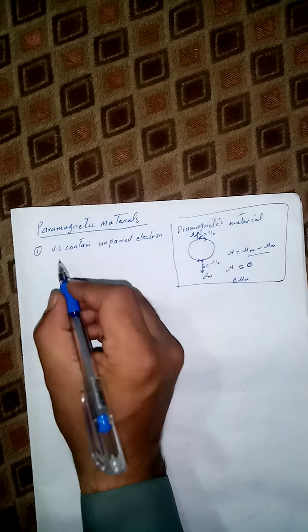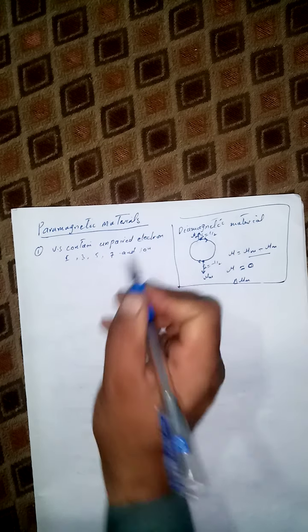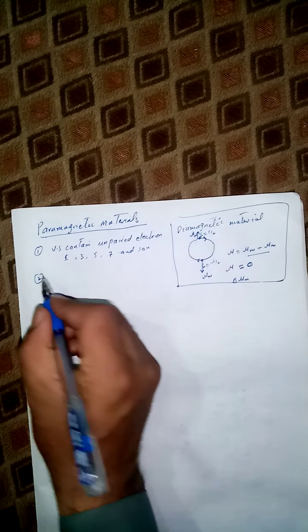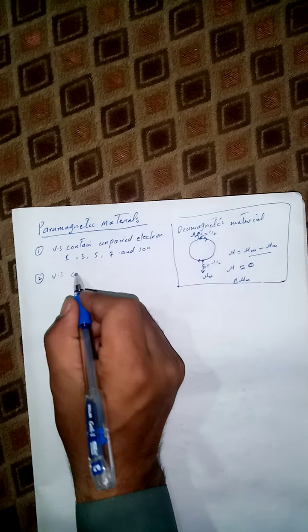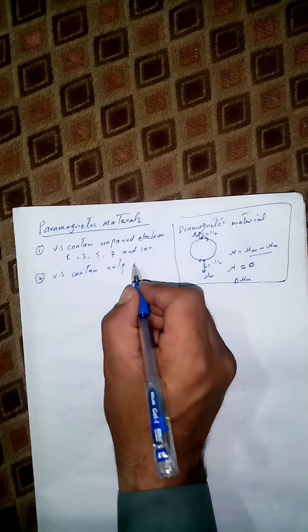That is, the valence shell contains 1, 3, 5, 7 electrons and so on. Consider those materials in which the valence shell contains only one electron.